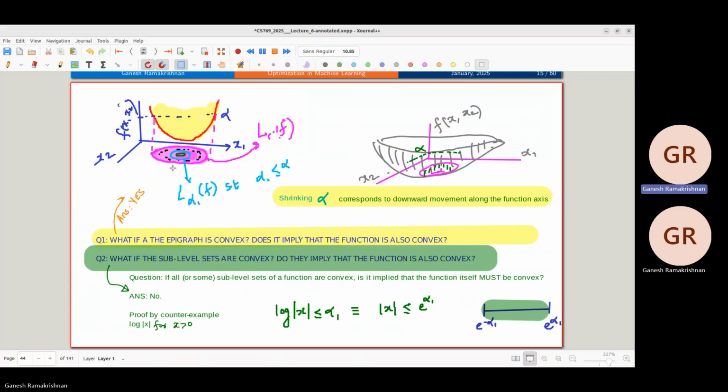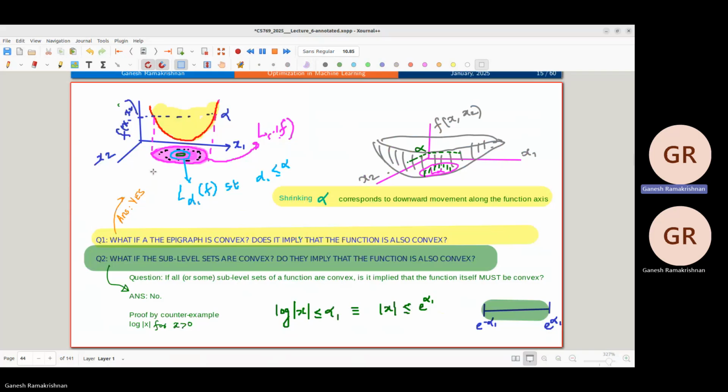And the epigraph is basically all the points above the function. So if the epigraph is convex, does it imply that the function is also convex? The answer seems to be yes. If the function is convex, is the epigraph convex? The answer seems to be yes, and the proof is not at all difficult.